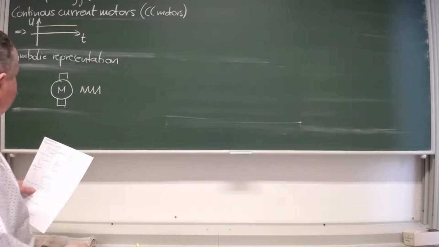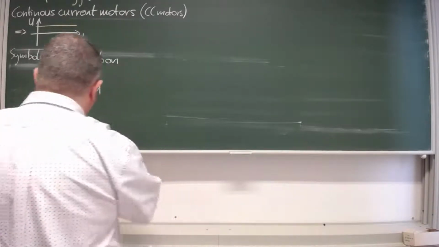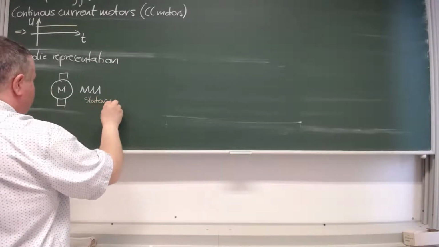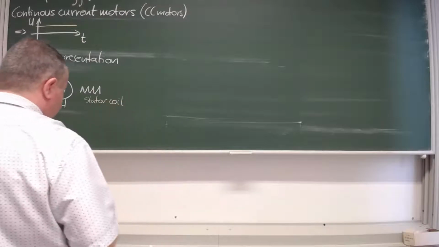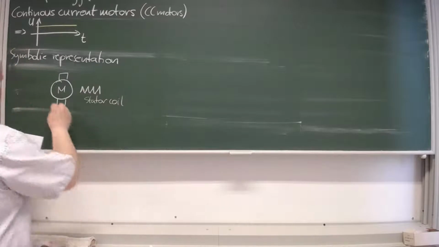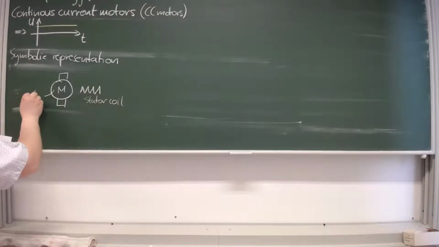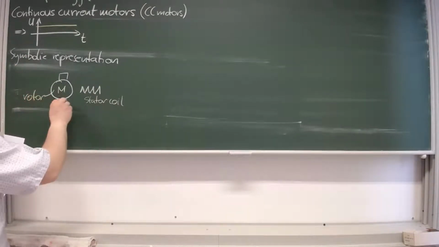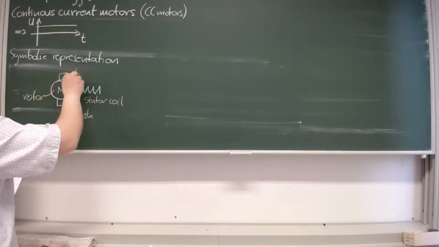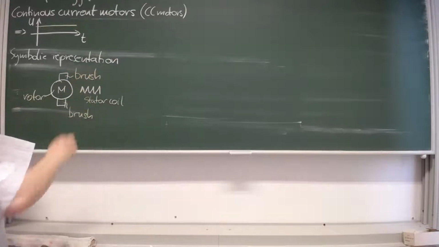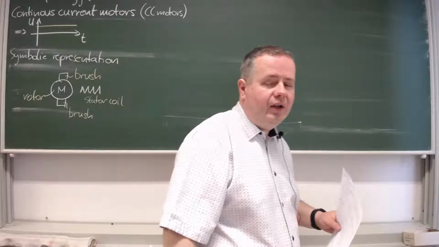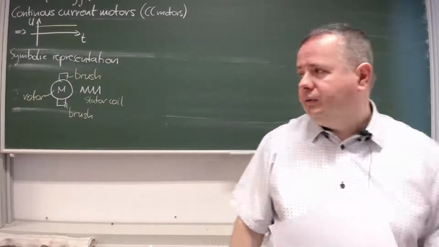Okay? Symbolic representation, so here you get the stator coil. Here you get the rotor, and this is a brush. And I haven't drawn the wires linking the stator and rotor. Okay?